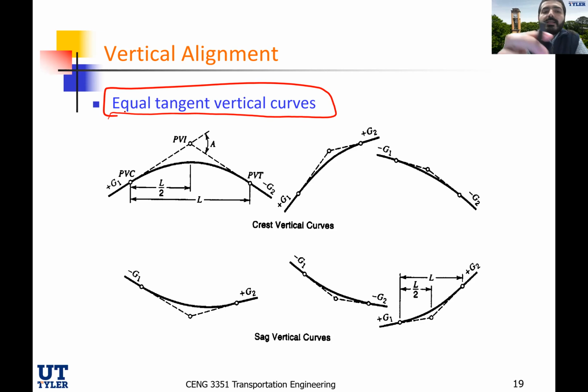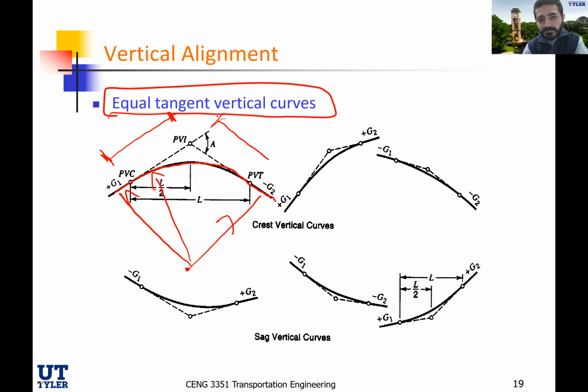It means that no matter where you go, it's an equal tangent: from the beginning of the curve till half of it, this tangent is equal to this tangent.